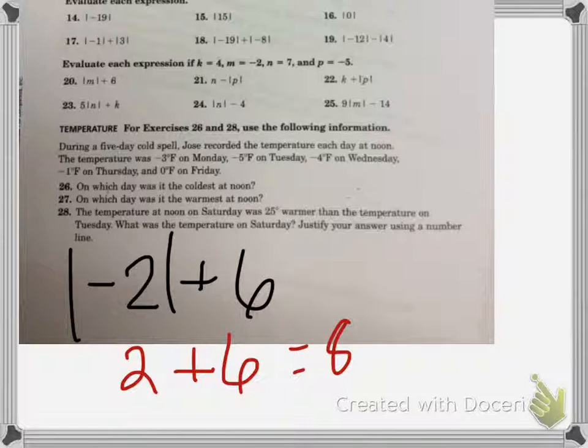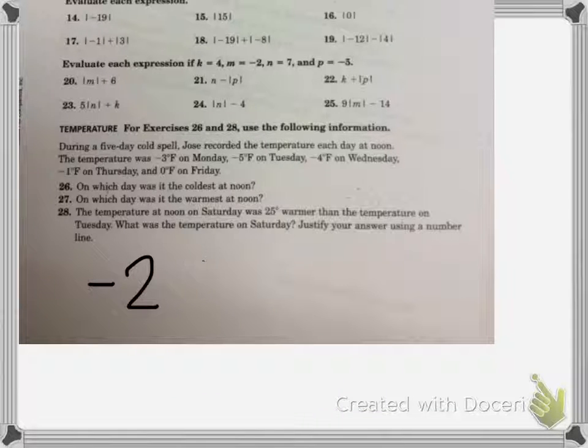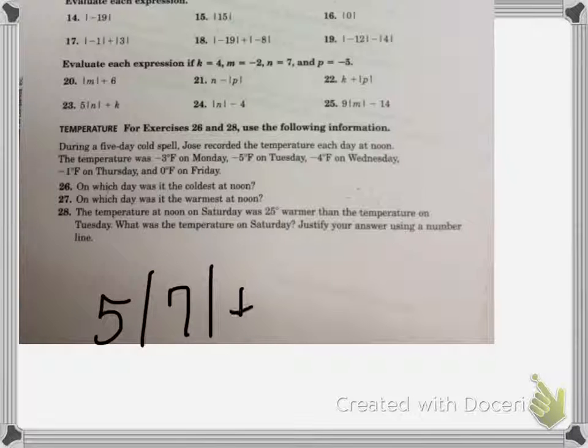You're going to do the same thing for all the rest. Just be careful on question 23 and 25 because there's multiplication involved. Here's what it says. On number 23, it says 5 times the absolute value of n, plus k. The absolute value of n is 7, and k is 4.